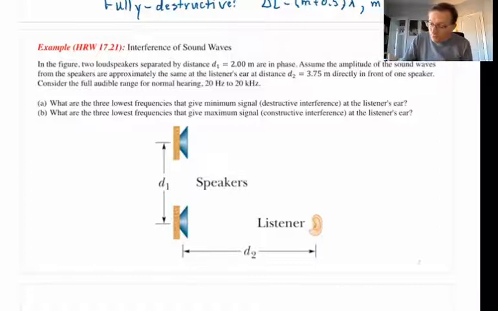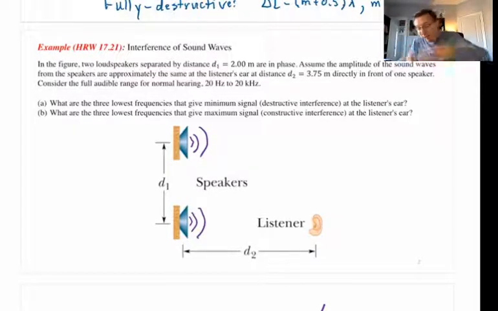You got two speakers. They're emitting sound waves outward from each that are going outward to the right and spreading out and filling all that air with sound waves. And our detector is a point detector, our ear. That's our point P.